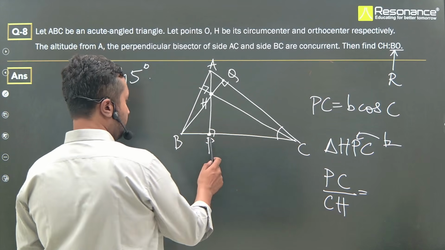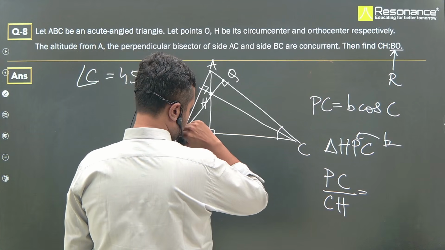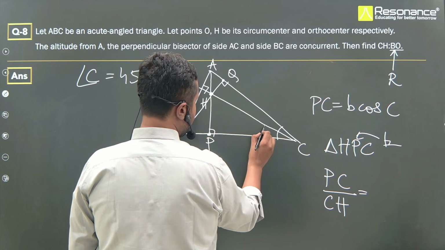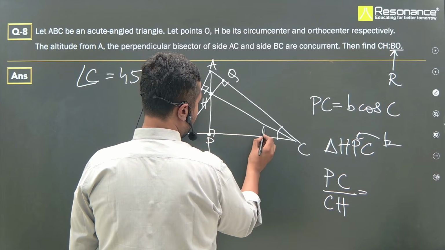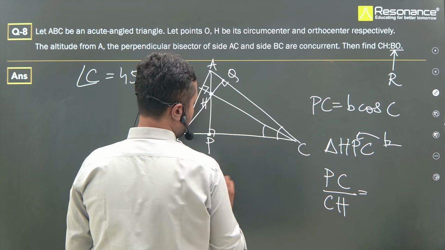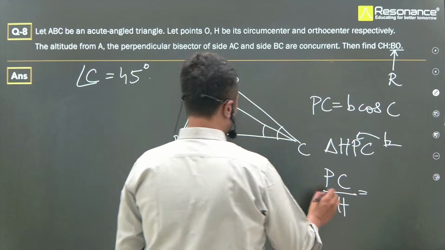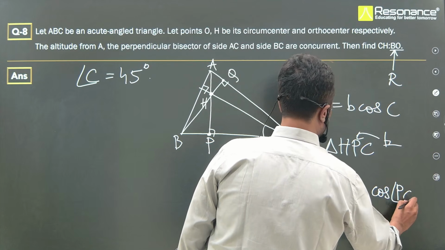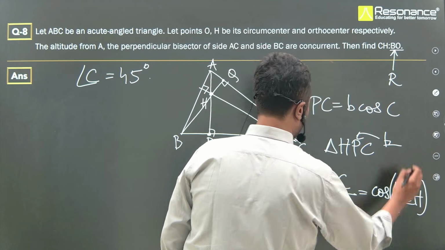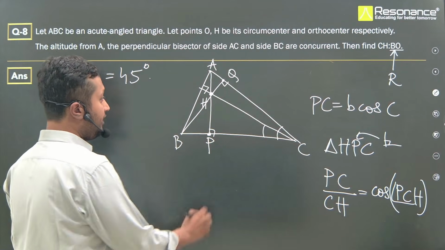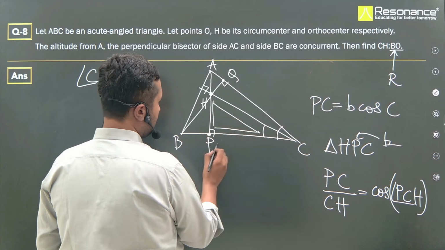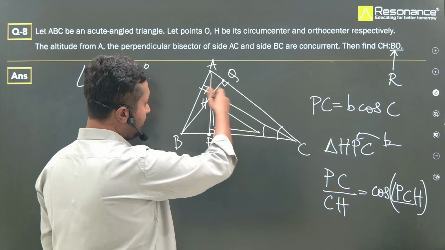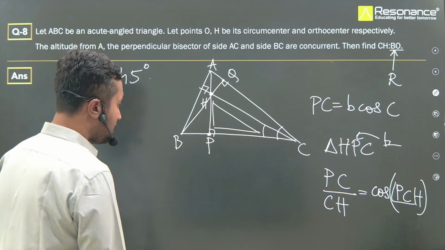What is all that now? Yeah, so I'm looking at this triangle, right? So it is cosine of angle PCH. If I look at the cosine of that angle, it will be the adjacent side PC divided by the hypotenuse CH.